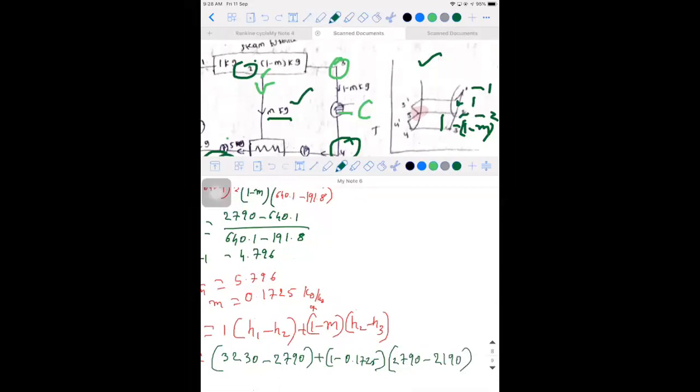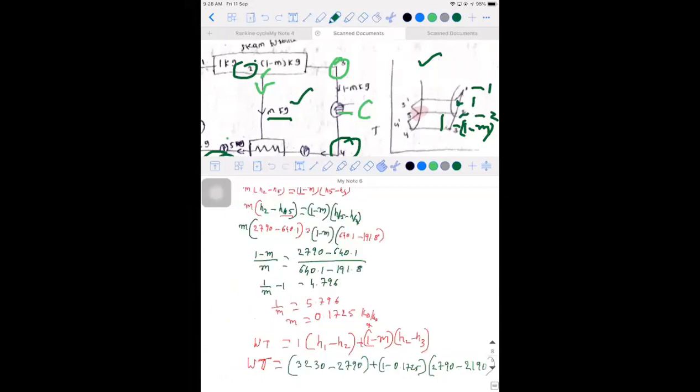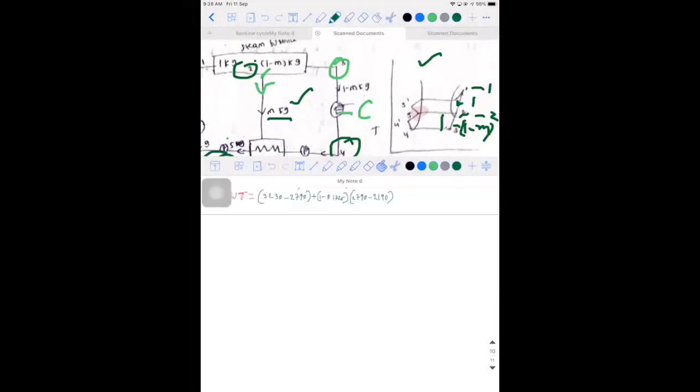And now the value is equal to WT. Yes, sir, calculated WT: 936.5, is that correct, sir?